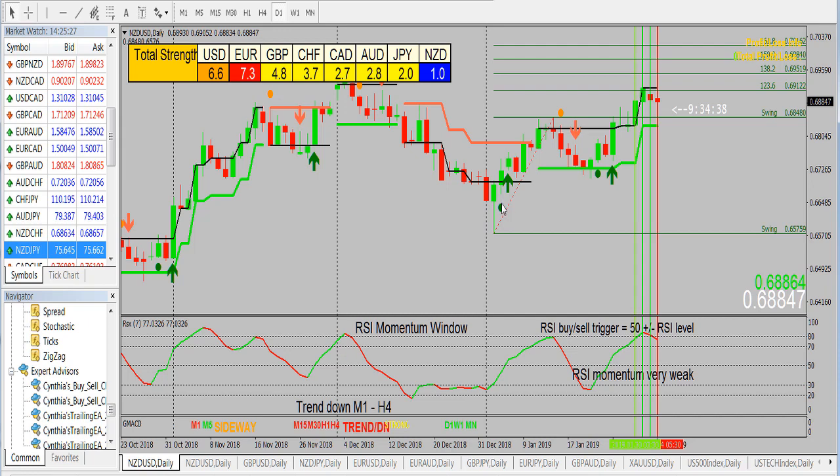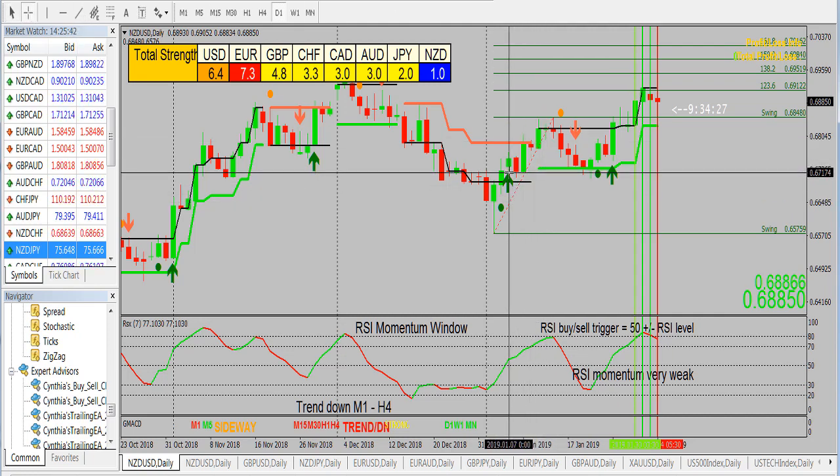So you could have actually bought right off this support black line when the RSI crossed up above 50. That's where you have the green arrow. In that case, on a daily chart, I don't know where your entry would have been exactly, but here's when the orange dot appeared. That's 98 pips.